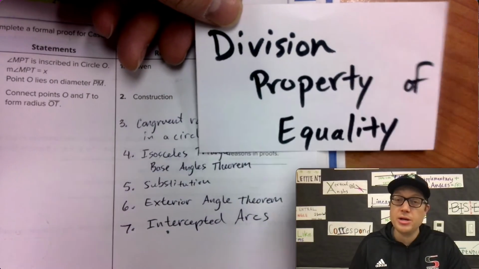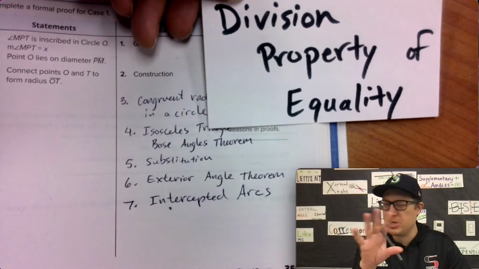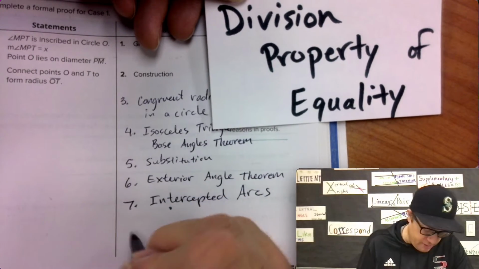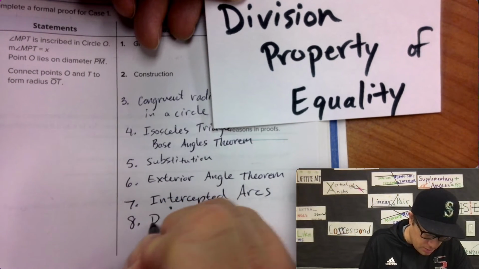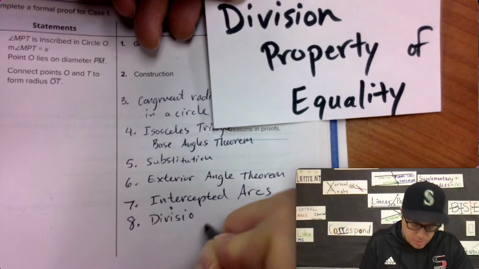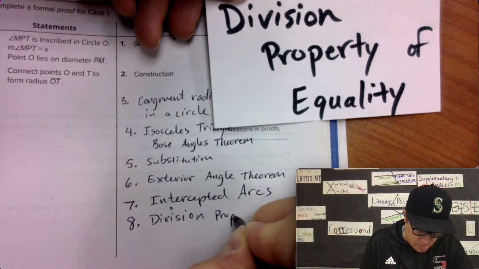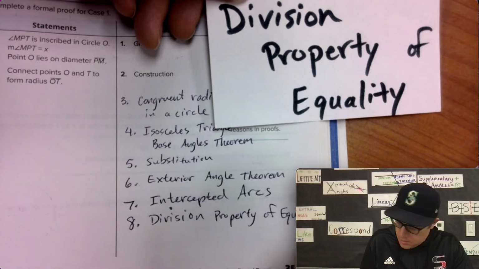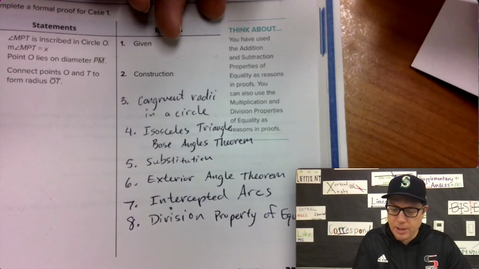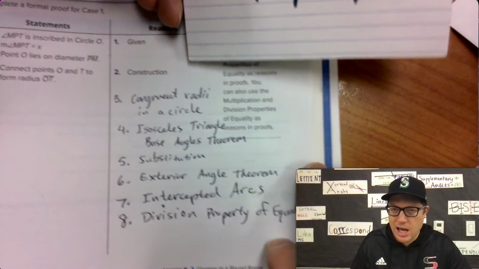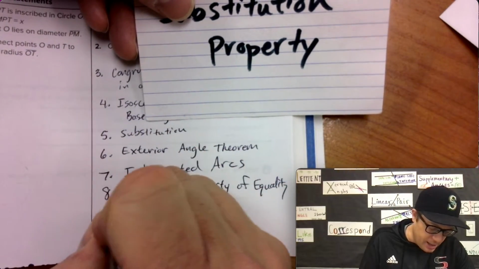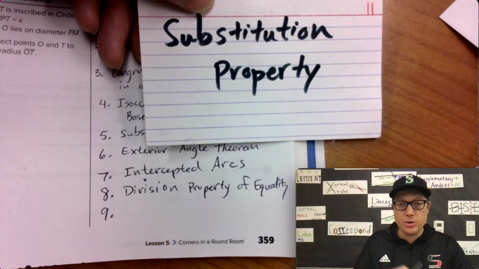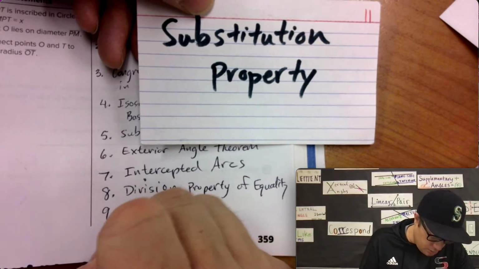And then step 8, once we know that there's a 2 involved, we should probably divide by 2. So we're going to have a division property of equality. And then in the very last step, because there's going to be some like equals x thing, we're going to have multiple statements. We've got to tie it all together, and you tie multiple statements from the proof together using substitution.